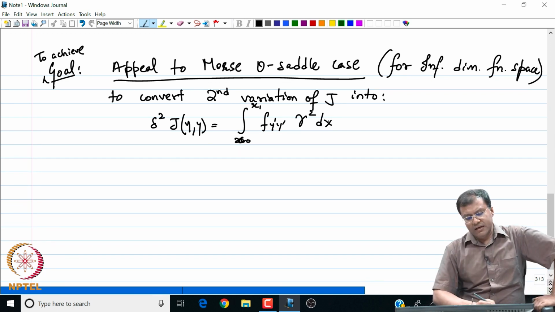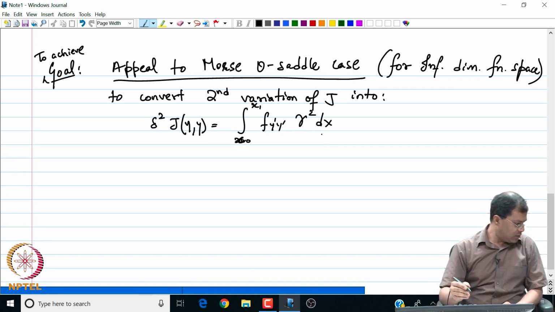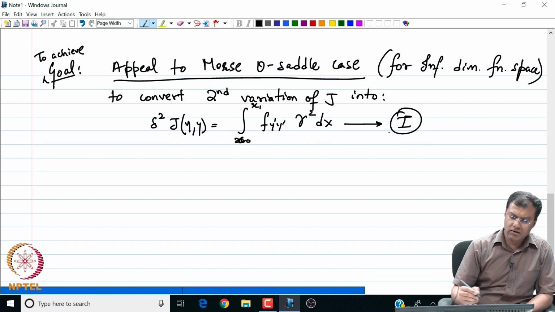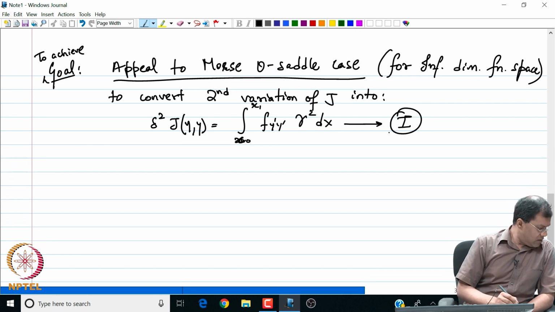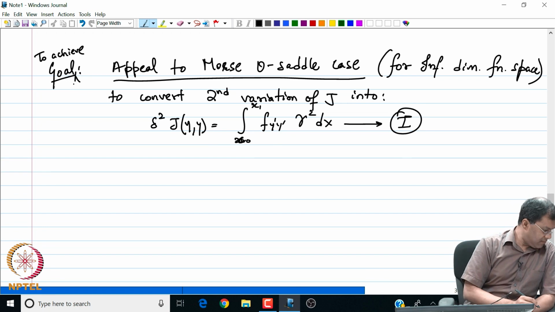This means that the sign of the second variation will now be completely determined by the sign of the second derivative of f with respect to y prime, provided we are able to reduce to this form. Let me call this form 1. That is our goal to achieve.